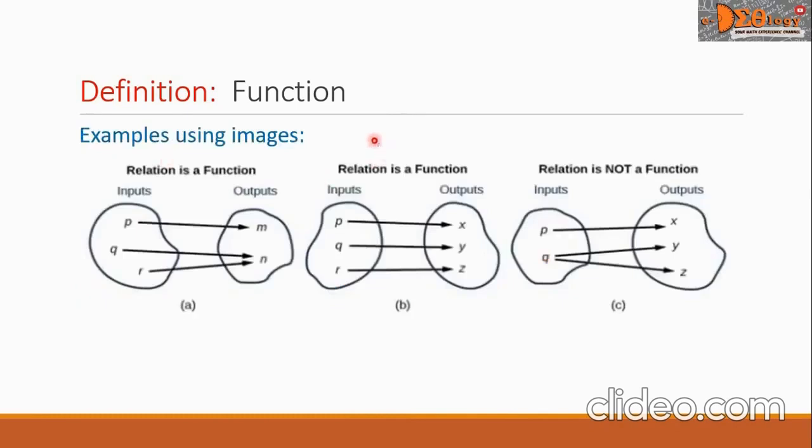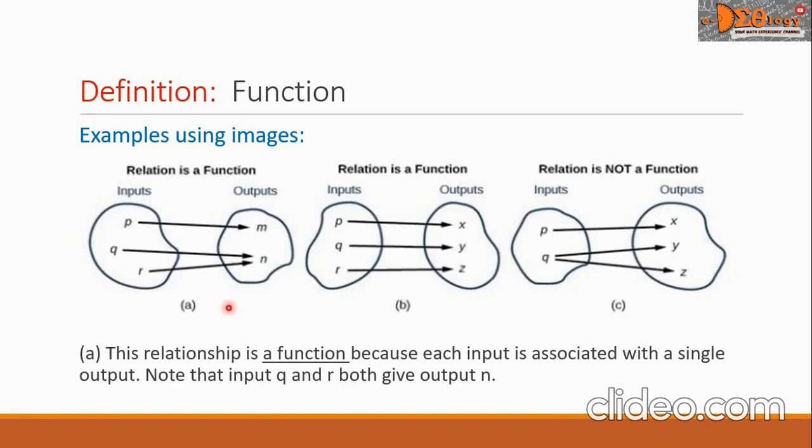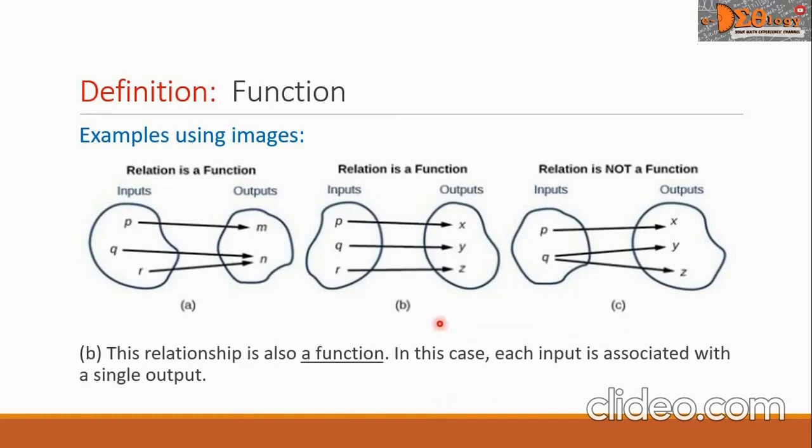In here, we're going to use images to define a function. I have here 3 sets of images. In the first image A, this relationship is a function because each input is associated with a single output. Note that input Q and R both give output N. For the second relation B, this relationship is also a function.